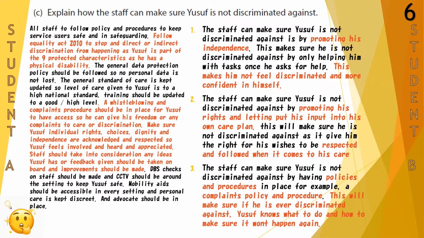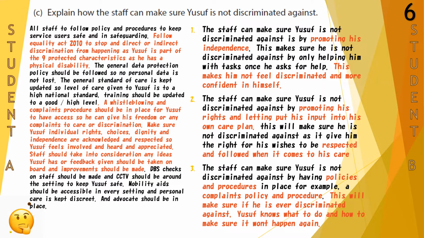They do become more relevant, which is why it's in red. They talk about following the Equality Act and stopping direct or indirect discrimination from happening to Yusuf, as part of the 9 protected characteristics, as he has a physical disability. Great, so that does hit discrimination.